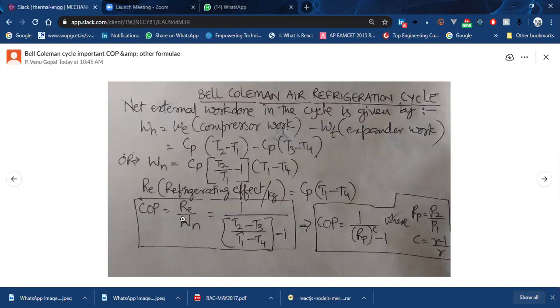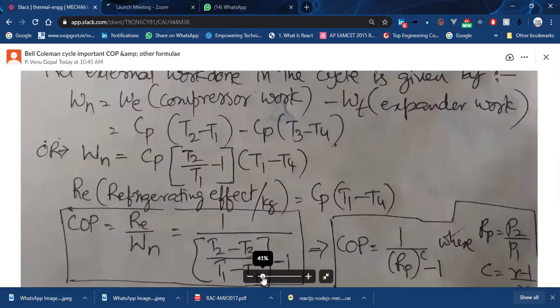That's why in the Bell-Coleman cycle also I have given you these formulas on how to calculate the COP of a Bell-Coleman refrigeration cycle, right? So the basic formula for COP is net refrigerating effect, RE, divided by work done. So basically refrigerating effect by net work done.